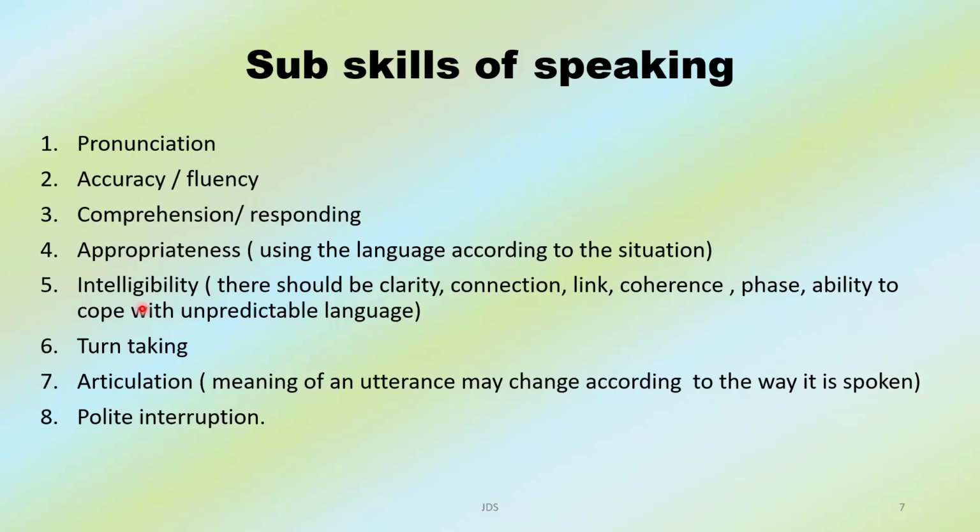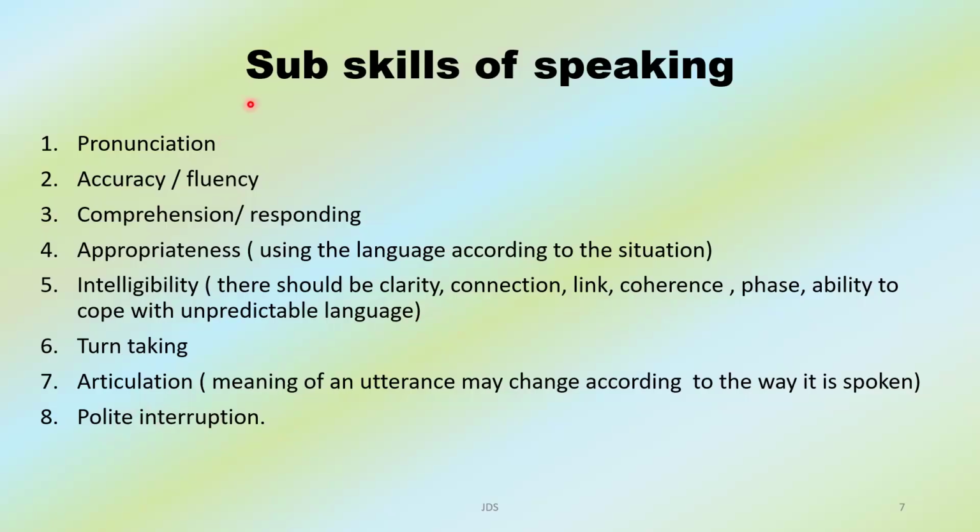Intelligibility, that is clarity of speech. Able to express oneself clearly, using the linking devices or any kind of coherence. Turn-taking, articulation, and interrupting. How to interrupt politely. The phrases or the words, the way you interrupt, all those. Right?